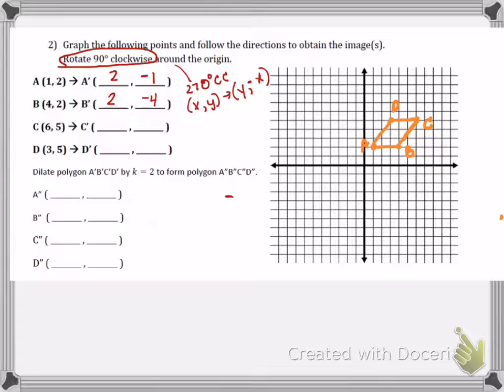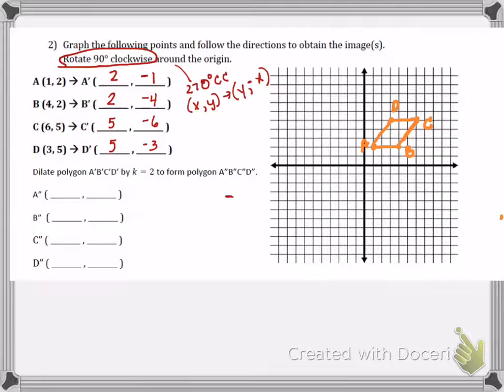And for C, we would get 5, -6. And for D, 5, -3. And then we're going to take those points and plot them on the coordinate plane. And so we will have our 90-degree clockwise rotation.